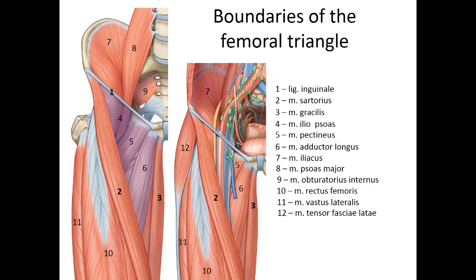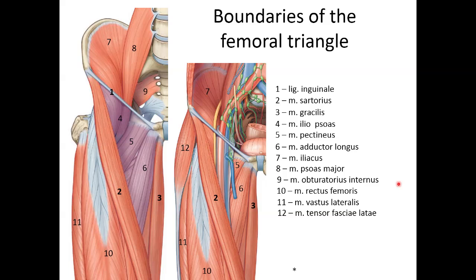By the way, all these green dots demonstrate lymph nodes, special small organs of the immune and lymphatic system, which are in numerous quantity in the pelvic region and in the upper thigh.